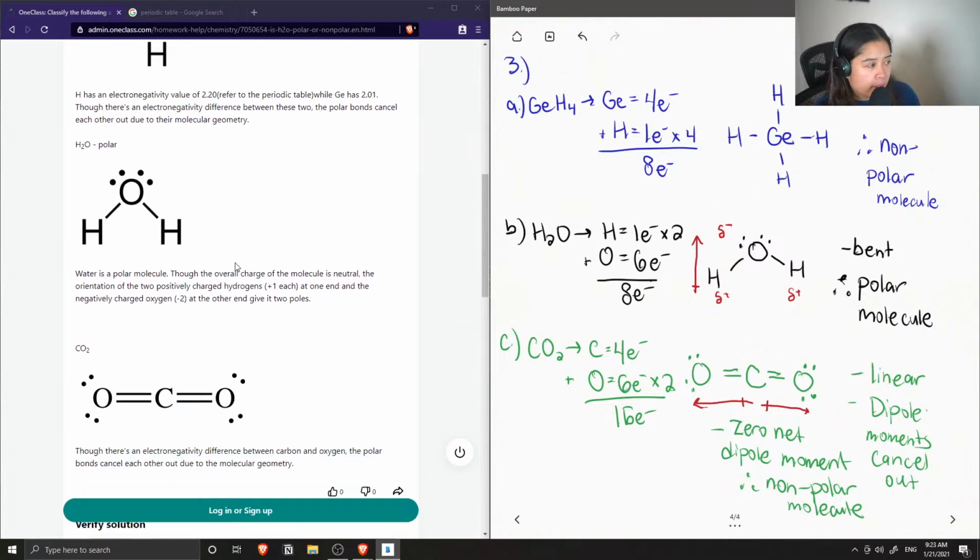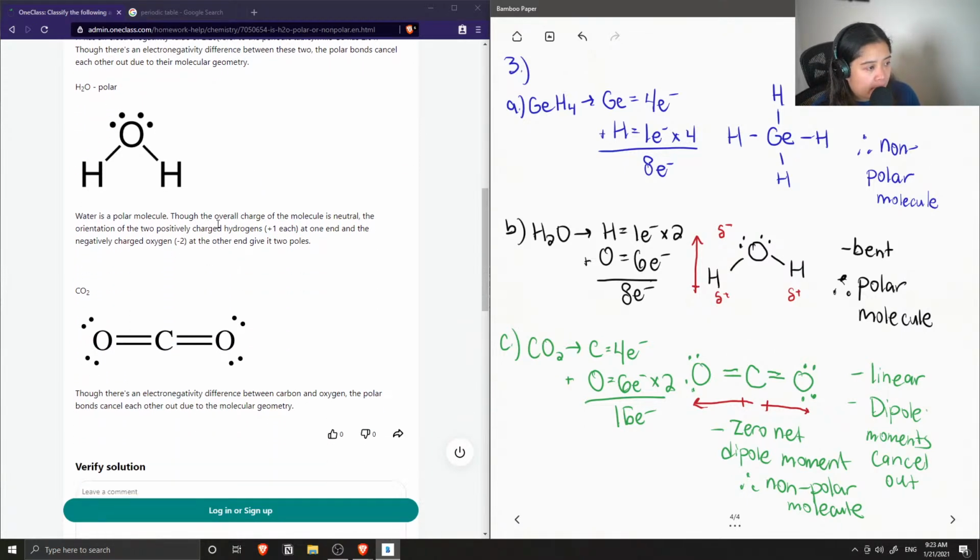For water, it's polar. And it says, though the overall charge of the molecule is neutral, the orientation of the 2 positively charged hydrogens at one end and the negatively charged oxygen at the other end gives it 2 poles. So it's not actually positively charged, like these aren't ions.